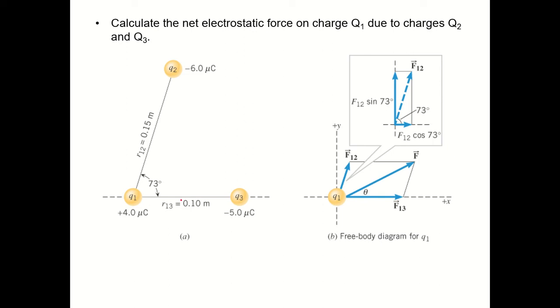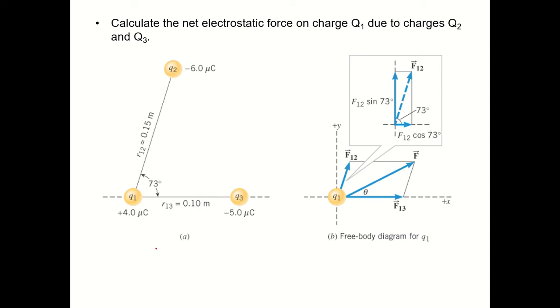These two charges, Q1 and Q3, are on the same line, but Q2 is located at a certain angle with reference to this position of Q1 and Q3, that is 73 degrees, with the distance between Q1 and Q2 as 0.15 meters, and this one is 0.1 meters.